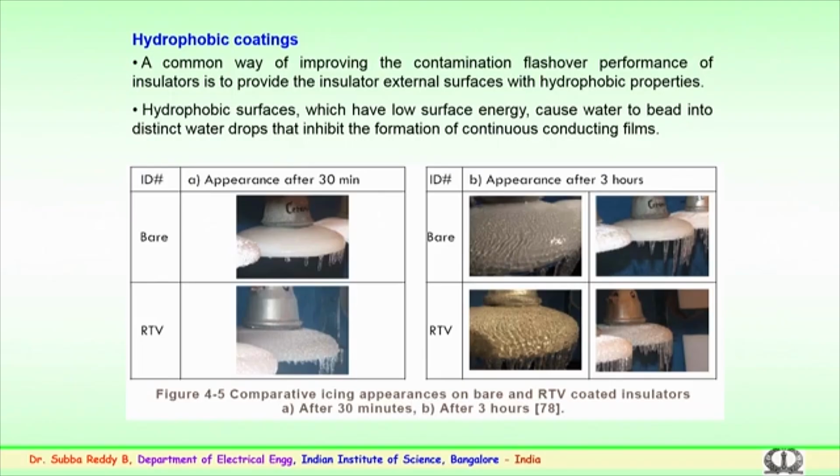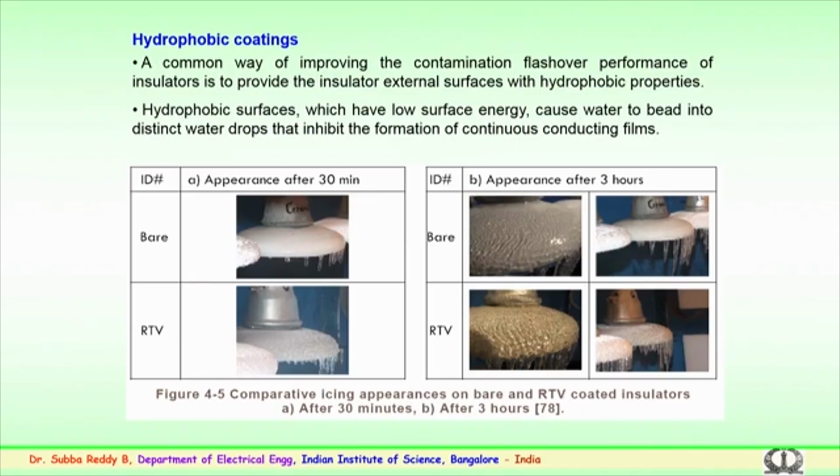So, the coatings known as hydrophobic coatings make the surface water repellent, and ensure that water forms droplets in the form of beads and not a continuous film. This will help in better performance of the insulator or insulator strings. Some examples can be seen here.